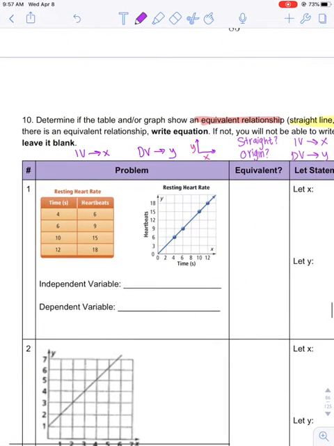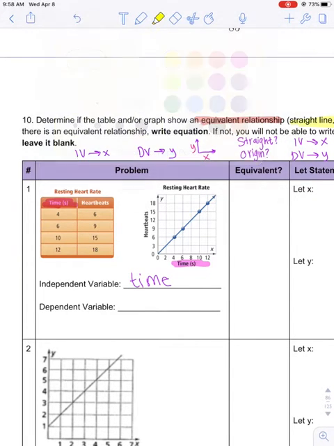All right, so looking at the problem first, I see that they've given us a table and a graph, and we could use either of those to help us answer some of these questions. For the independent variable, I'm either going to say what comes first in the table or what's in the x position in the graph, and that is time.